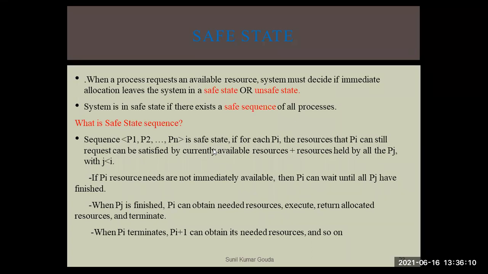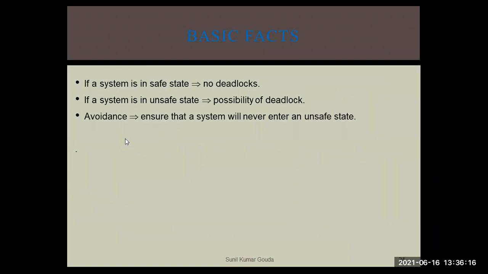If the system is in a safe state, there will be a safe sequence. These are the conclusions made based on deadlock avoidance. If the system is safe, then no deadlock. If the system is unsafe, then there is a possibility of deadlock; there may be a deadlock or not.